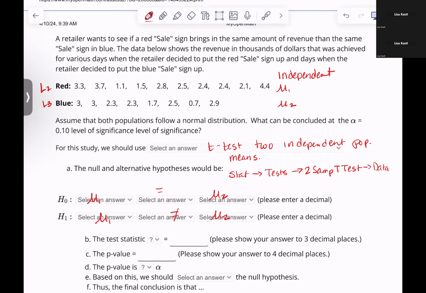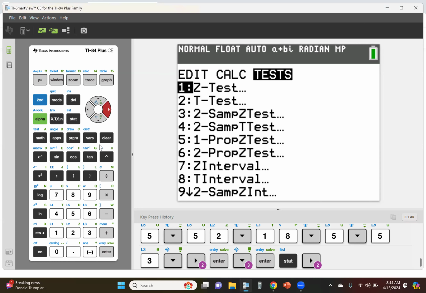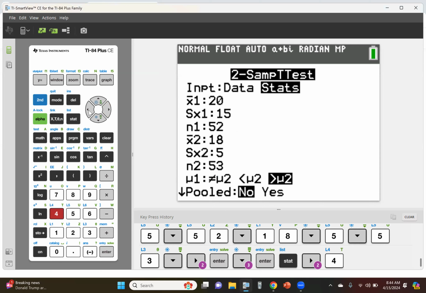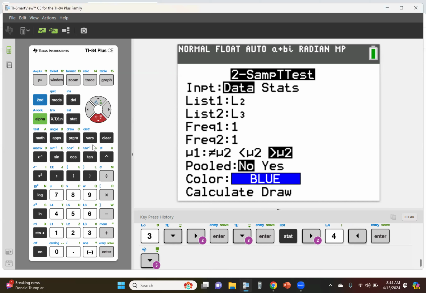Okay, so stat, tests, two-sample t-test on my data. I put my data in L2 and L3, the frequencies both as 1, and I'm running not equal to.